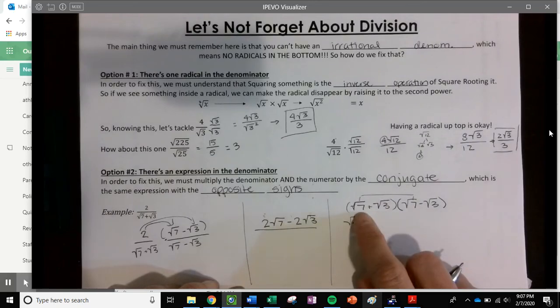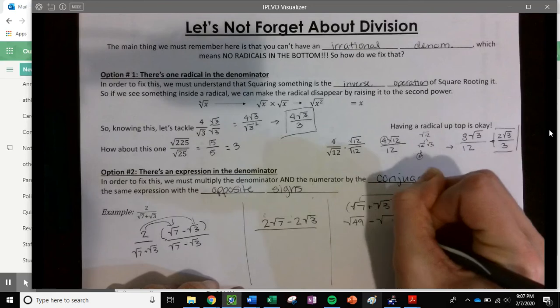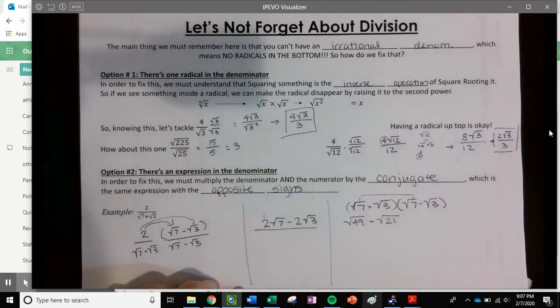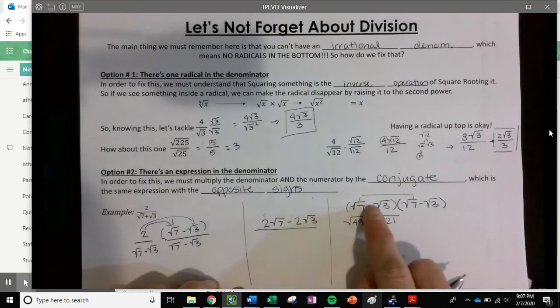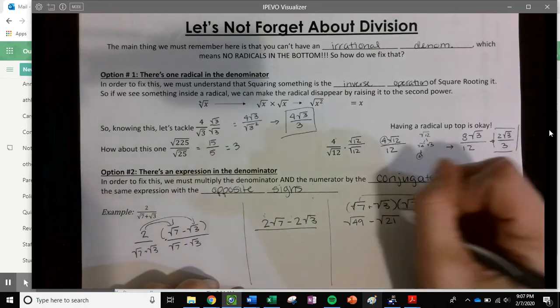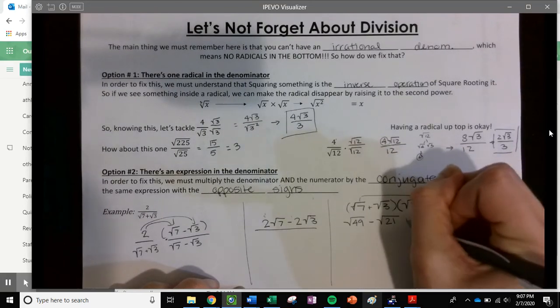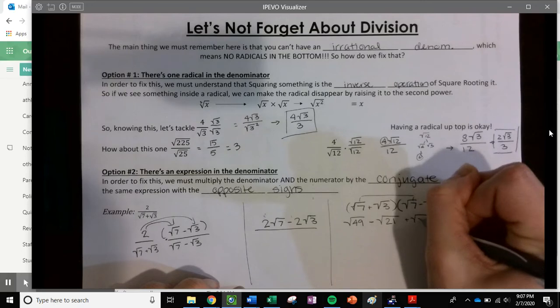Square root of 7 times the negative square root of 3 is going to give me negative square root of 21. Because remember, we don't have any coefficients outside, so we can skip the multiplying the outside steps and go straight to the innies. Square root 3 times square root 7 is going to be positive square root of 21.